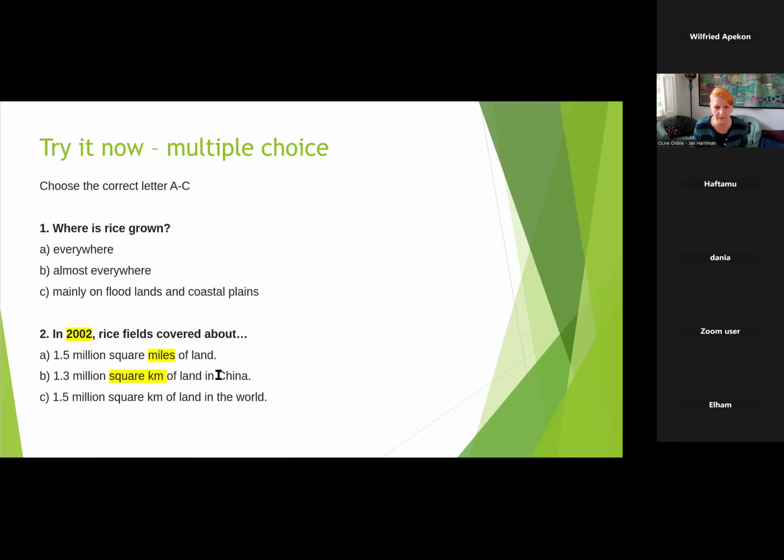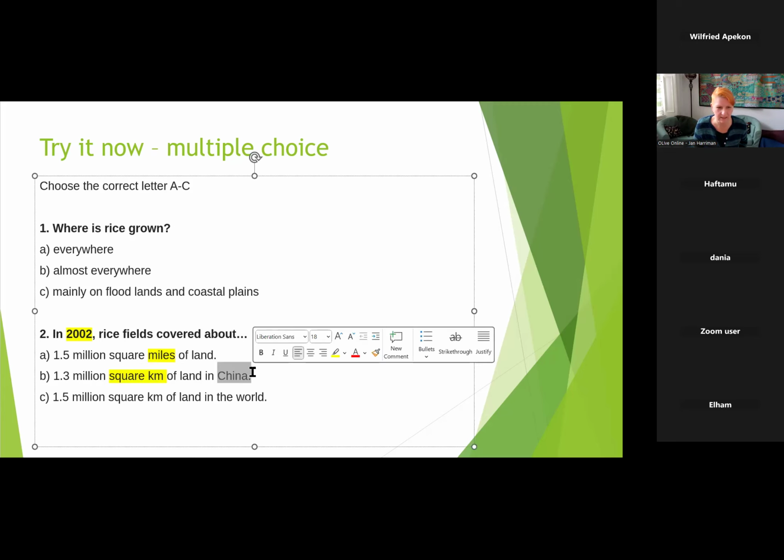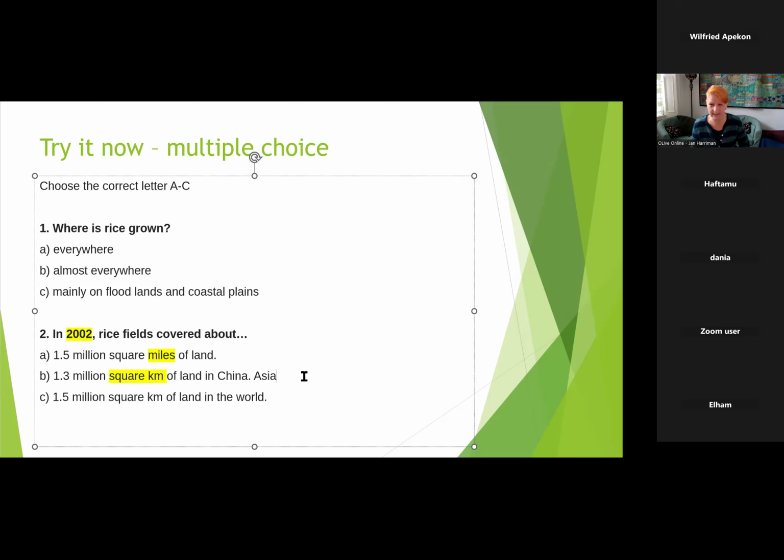So what have we got to look for? If we're talking about China, what part of the world is China in? It's referred to as Asia, right? But it's more specific than that. So we'll see.